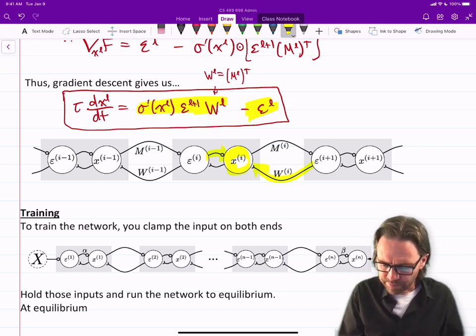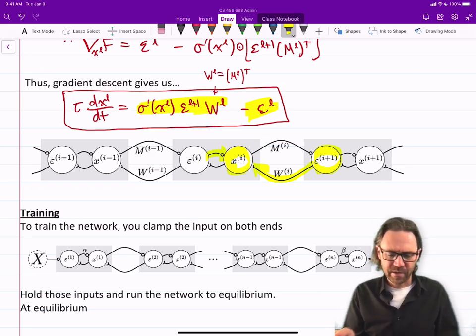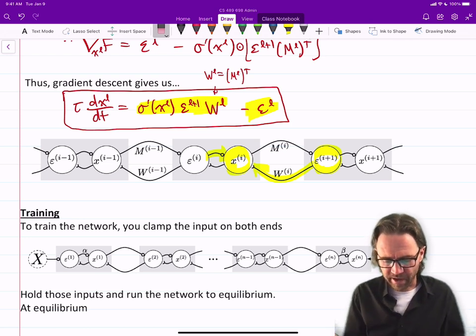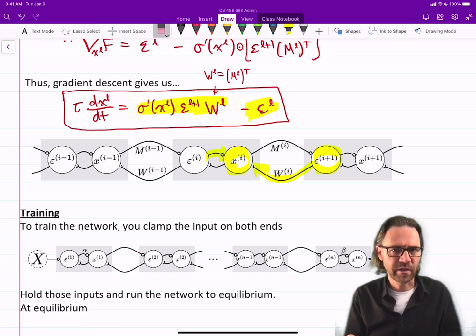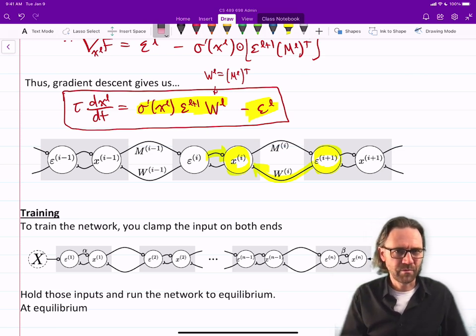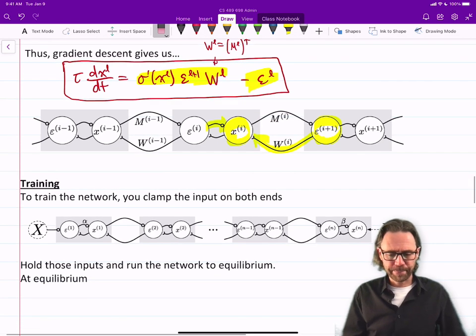It's epsilon from the next layer up times the weight matrix. Now this is kind of weird, that you multiply by the derivative of the activation, the derivative of the activity of the state node. I find that weird and a bit uncomfortable, but that's just what the Hopfield function says we should do.